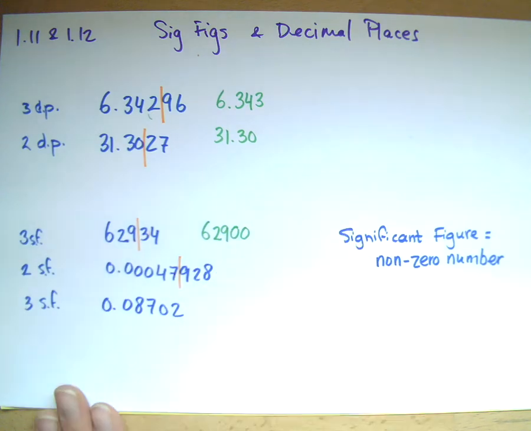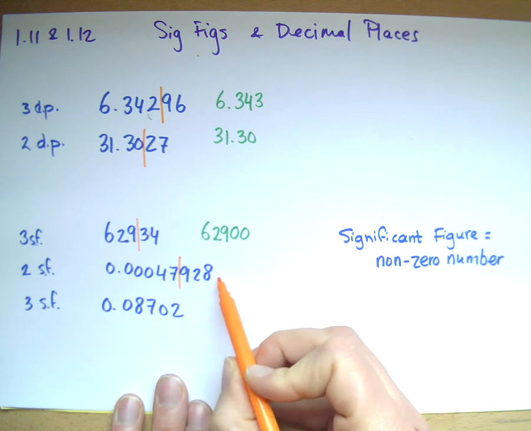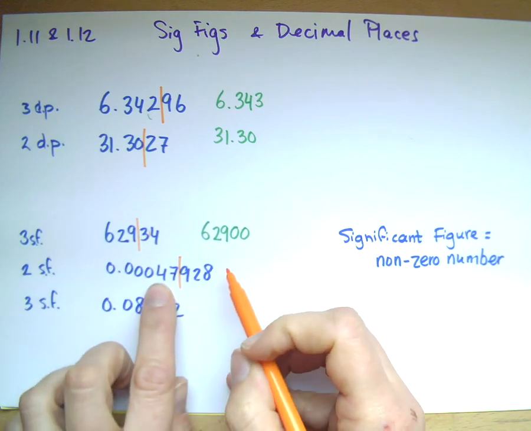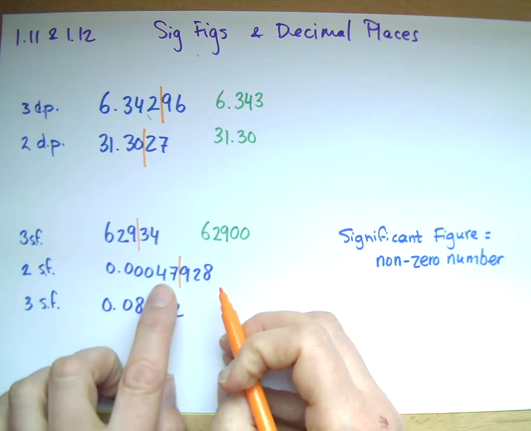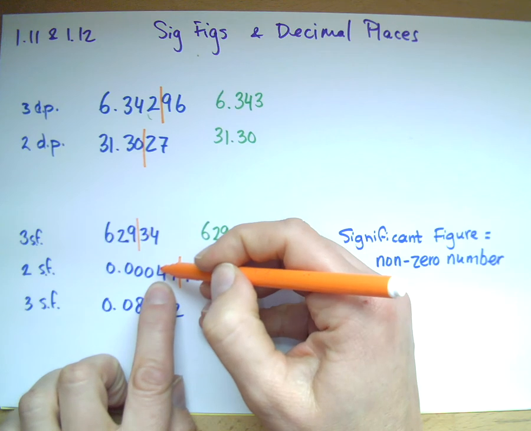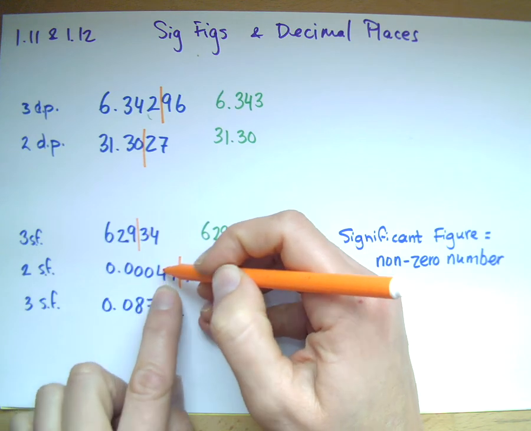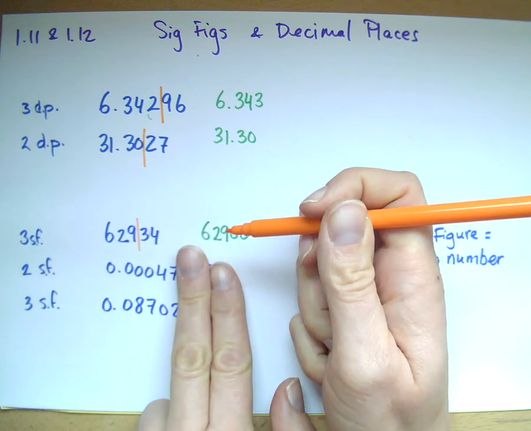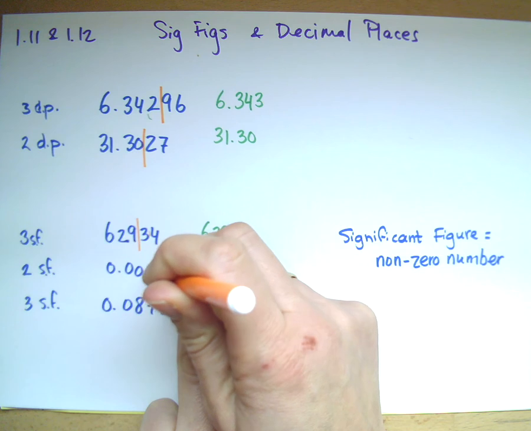This is how many we're allowed, right? Leaving these numbers out does not change the value of this 4 or of this 7, right? Because we have a decimal point and this 4 is in the 10,000ths place. And even if we leave these numbers out, this is still in the 10,000ths place.